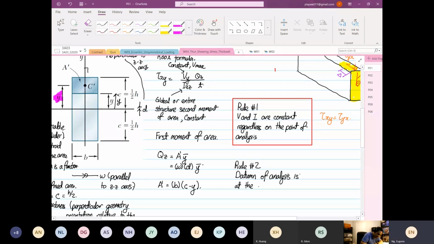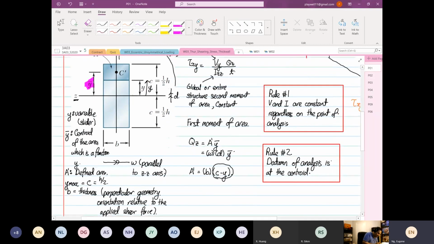So this is your rule number 2. And what you realize is this bracket over here is C minus Y. And C, like what you see over here, is at its Y max. It's C minus Y because it's positive. You cannot have Y minus C, you would have a negative value.